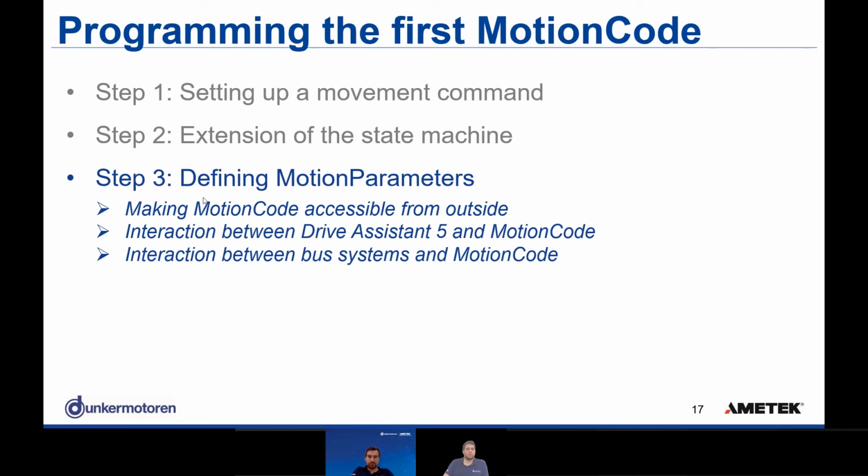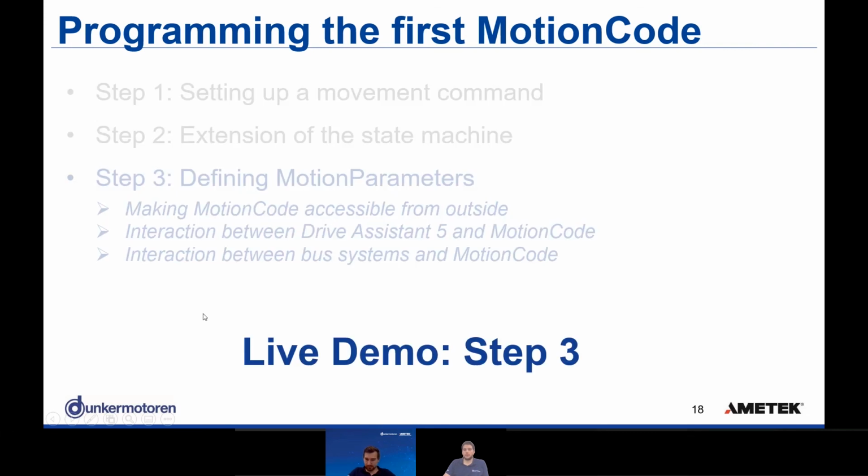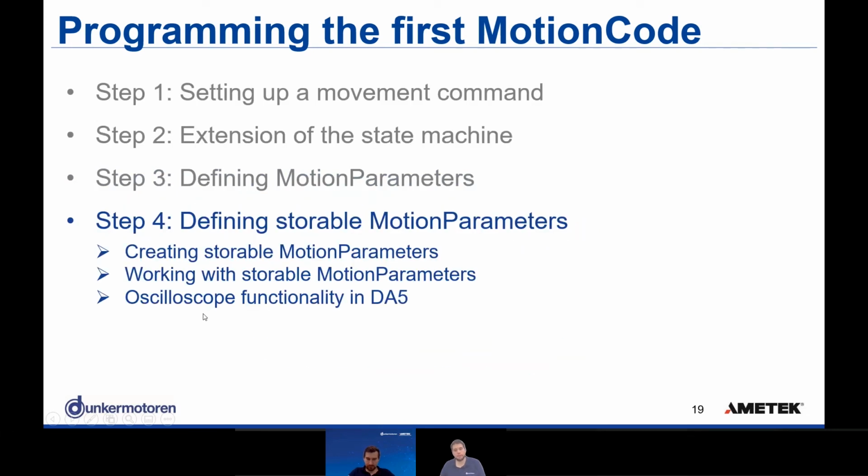Then I want to give you a short preview of what comes in the last step of the demonstration. There we also will add some storable motion parameters. I think that's important because you don't want to lose all the values during a power down. So therefore we have integrated the possibility to make parameters storable and keep their values over the power down.